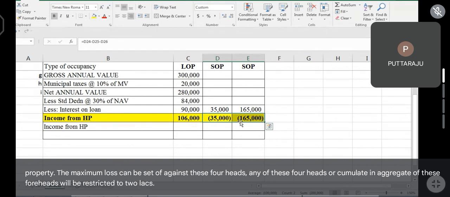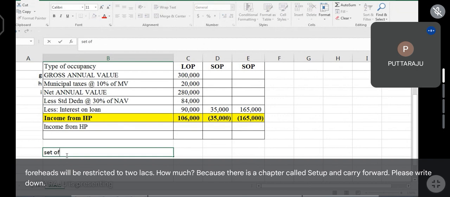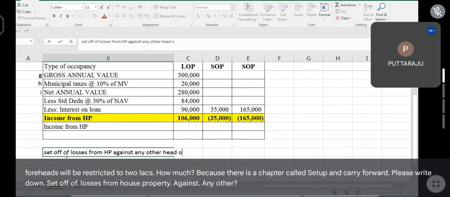How much? Because there is a chapter called set off and carry forward. Please write down: set off of losses from house property against any other head of income will be restricted to 2 lakhs.